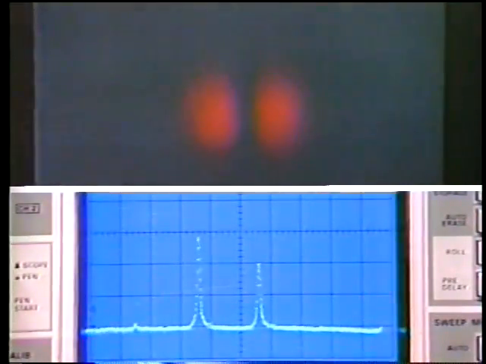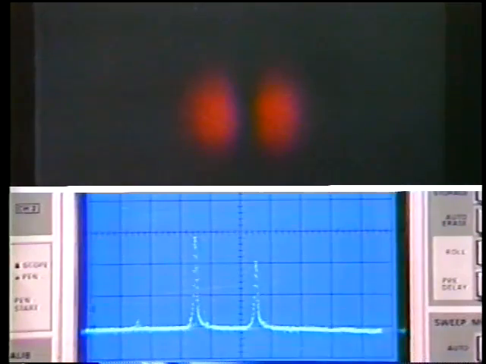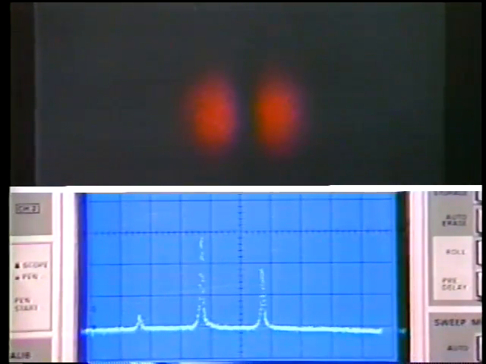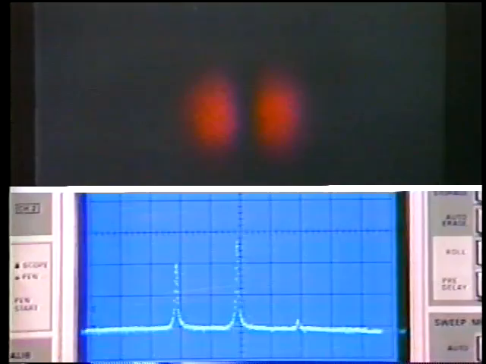Now here on the screen you see that I've isolated the next transverse mode. It's called either 0,1 or 1,0, depending on how you count these modes. And this consists of essentially two spots with zero field in between.